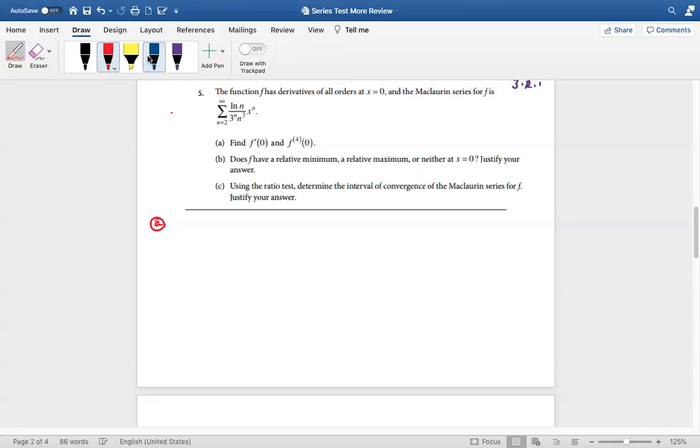So the first thing to realize is this thing starts at 2, which means that when n is equal to 0 it must have been 0. When n is equal to 1 it must be equal to 0. And then I had ln of 2. And I know where this problem is going, so that's why I'm bothering to write this out.